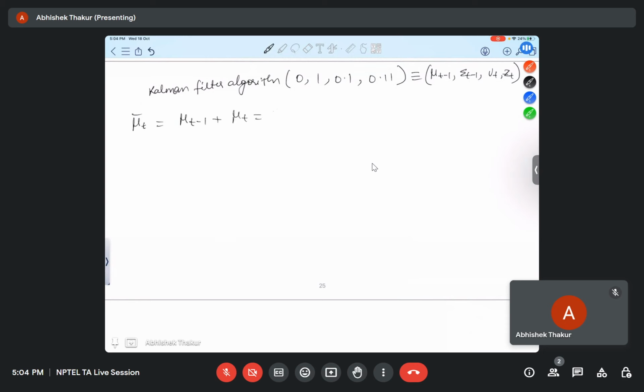So that is equal to 0 plus 0.1, that is equal to 0.1.